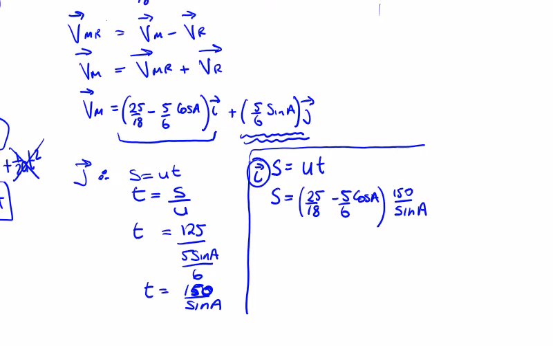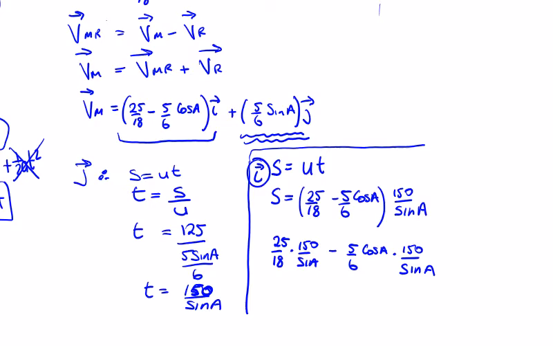There's a few different ways, but let's multiply it out. 25 over 18 by 150 over sine A minus 5 over 6 cos A by 150 over sine A. Now we should be able to simplify.